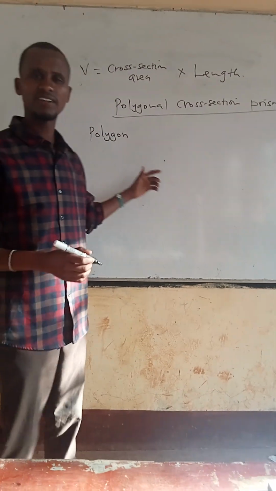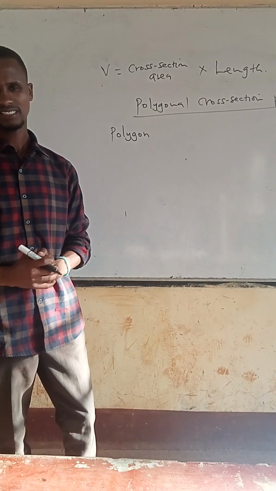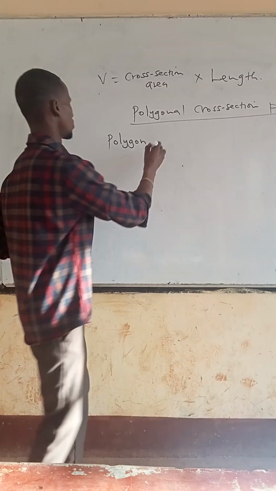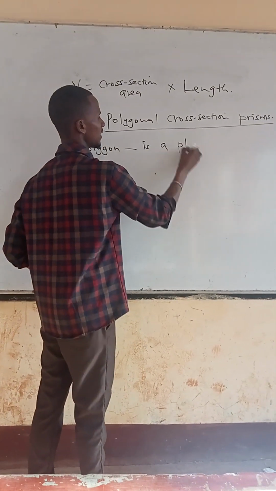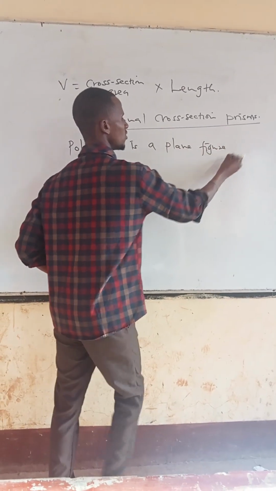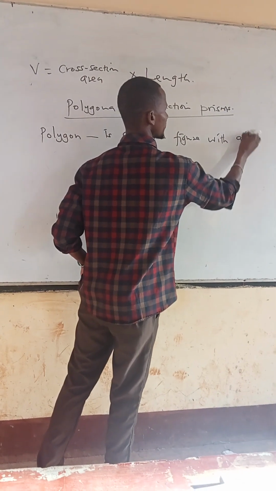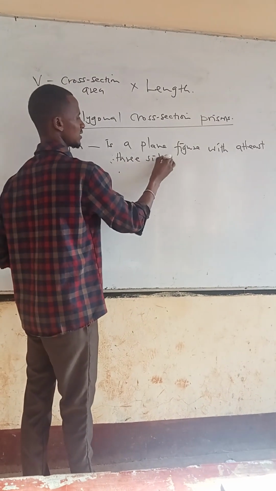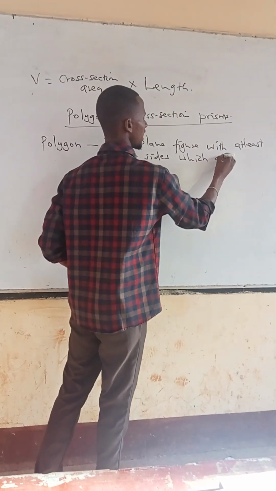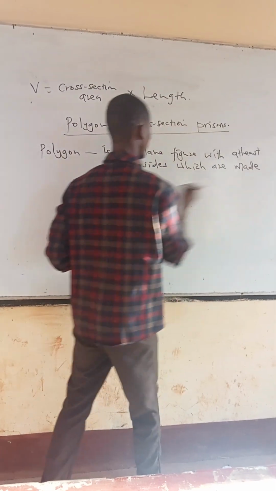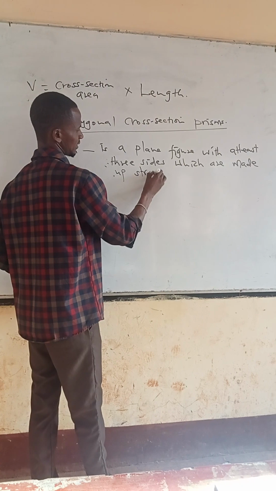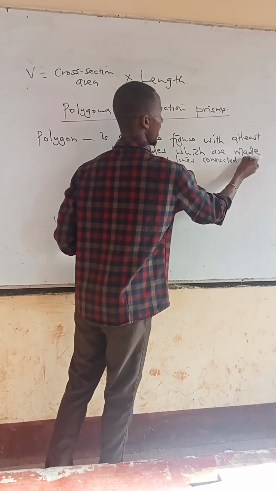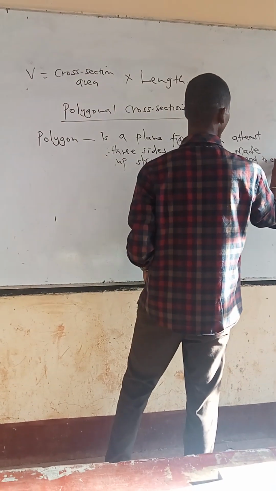A polygon is a plane figure with at least 3 sides, and the sides are made up of straight lines which are connected end to end.